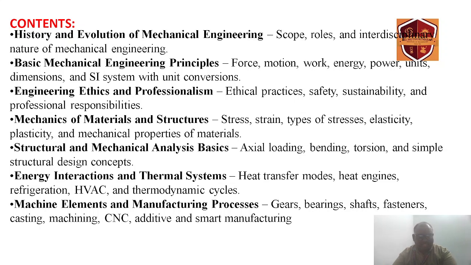It speaks of what strain is, what stress is, and what the types of stress are. Some basic concepts like stress-strain relationships and bulk modulus, and fundamentals like volumetric stress, volumetric strain, and the mechanical properties of materials such as plasticity, ductility, and material behaviors like that. And also it deals with axial loading, bending, torsion, and simple structural concepts.